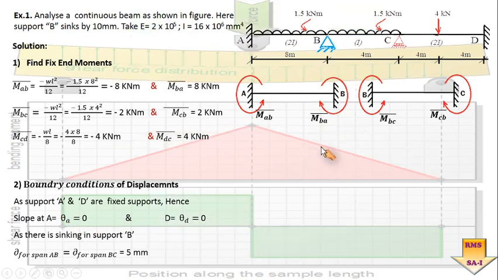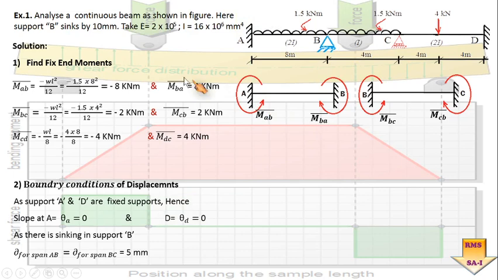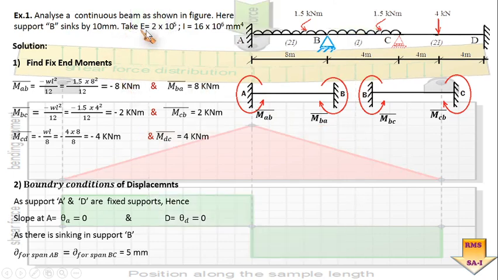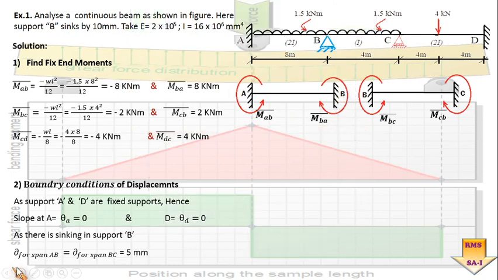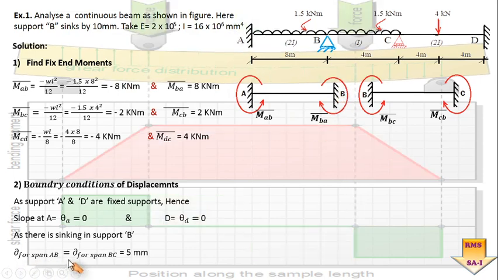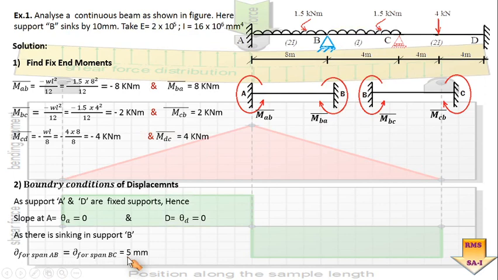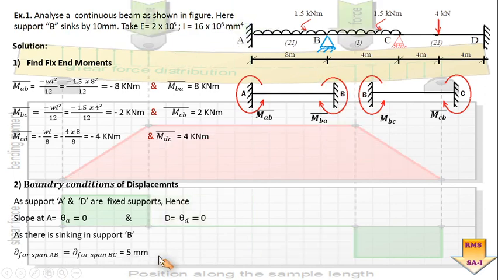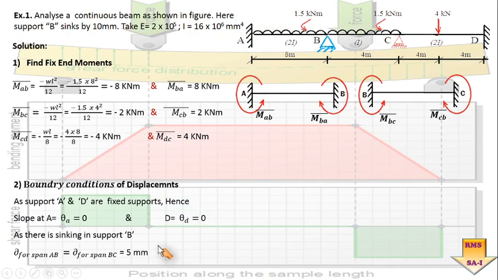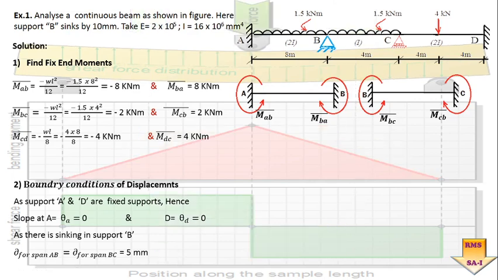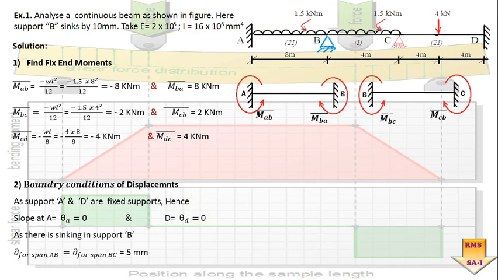The other condition is the sinking effect about point B. Here delta for span AB and for span BC is equal to 5 millimeter. These are the boundary conditions in this problem, and all of them are to be utilized in the governing equation.